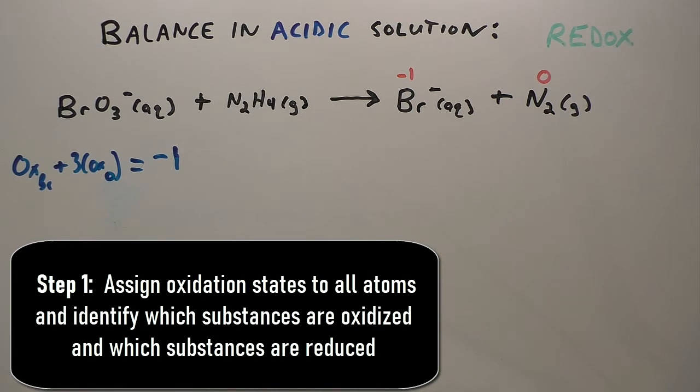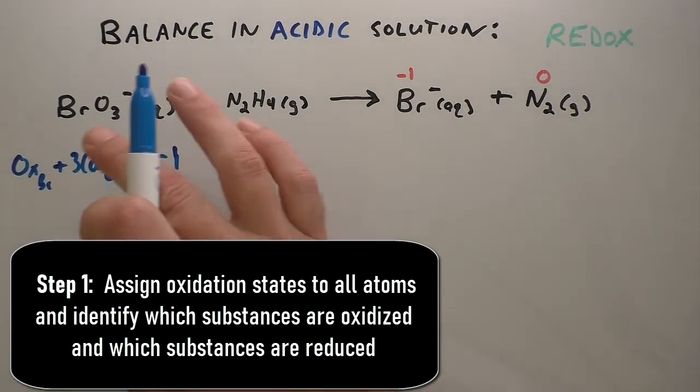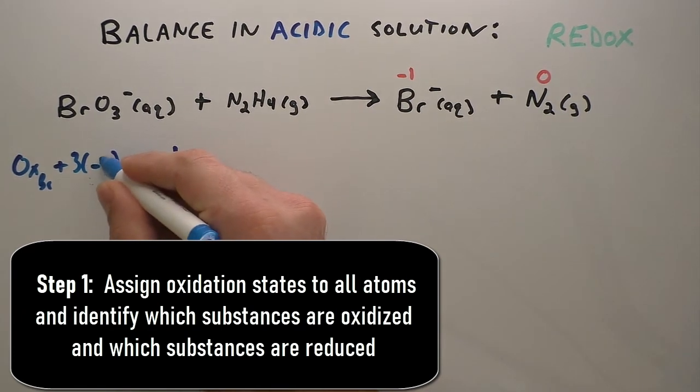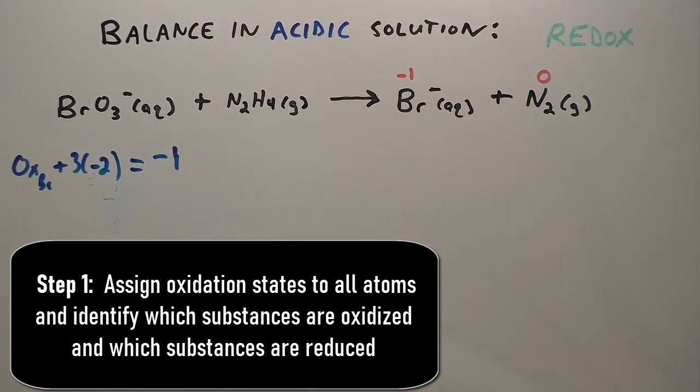Generally, unless otherwise specified or under special circumstances, the oxidation state of oxygen is almost always going to be -2. So this is an equation in which we have one unknown, so we can solve for it.